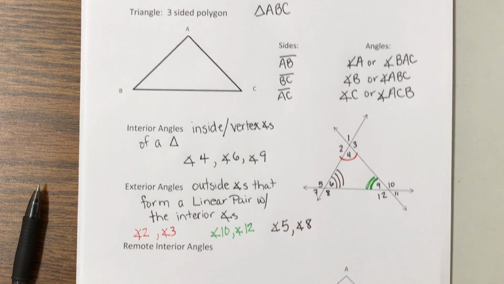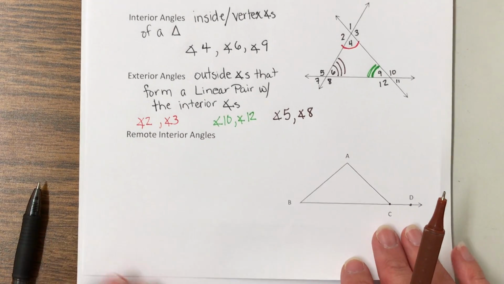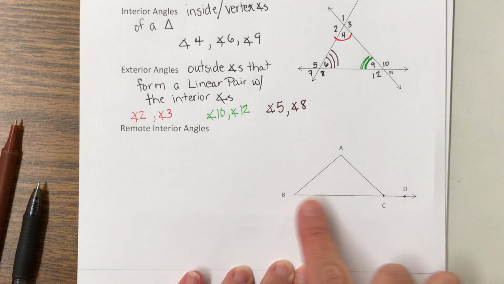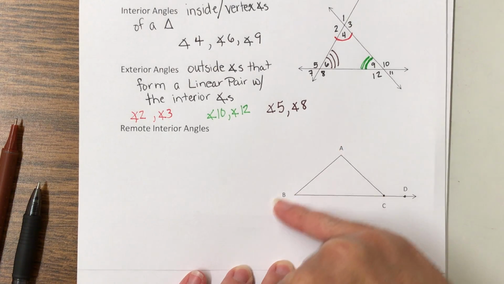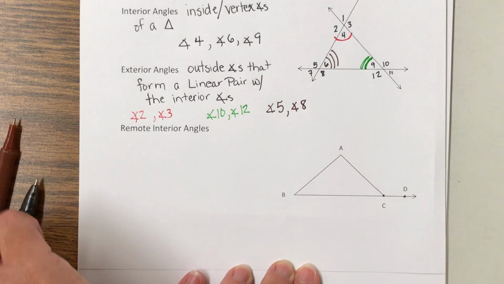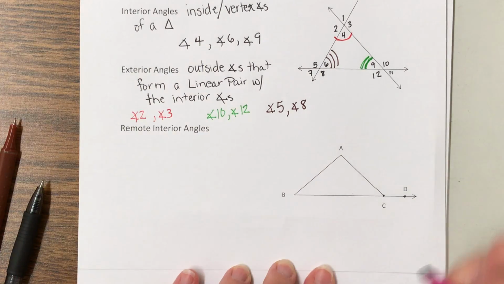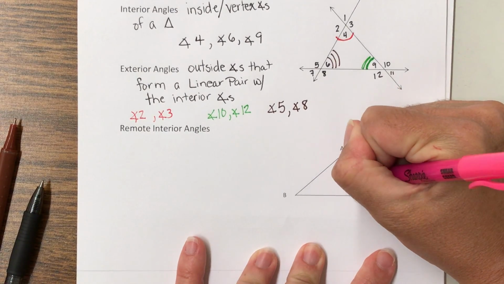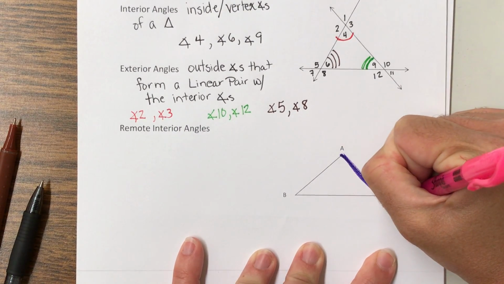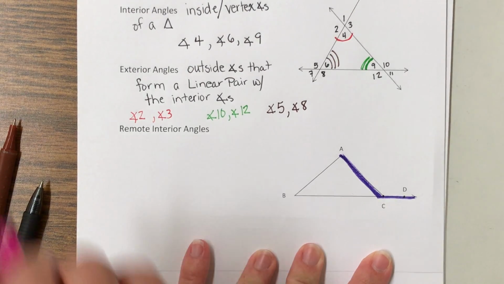And so then the last bit of review that's important is known as the remote interior angles. So notice in this picture how you've got this line, and then you've got this triangle that's made off of this line. So the remote interior angles are the angles that are not touching this exterior angle here.